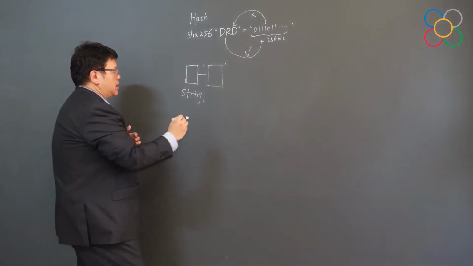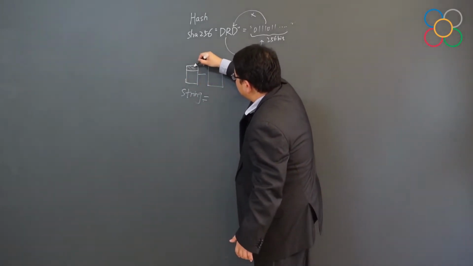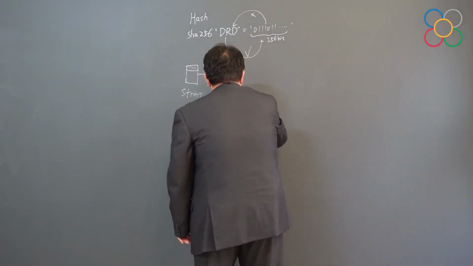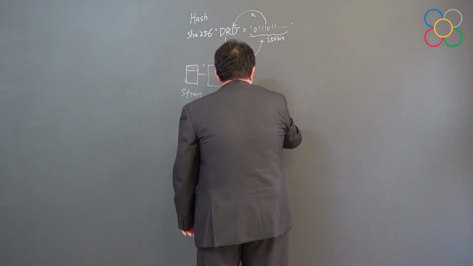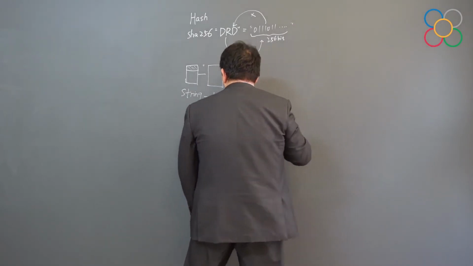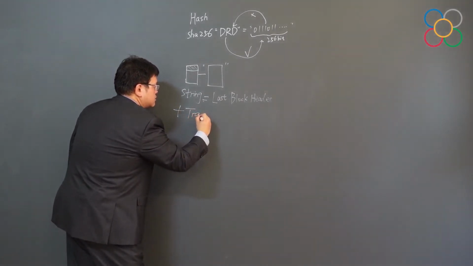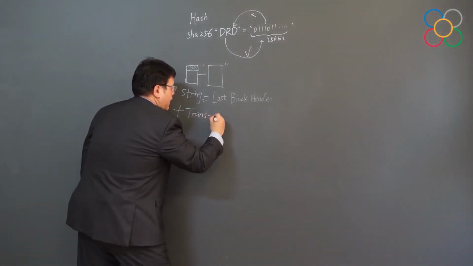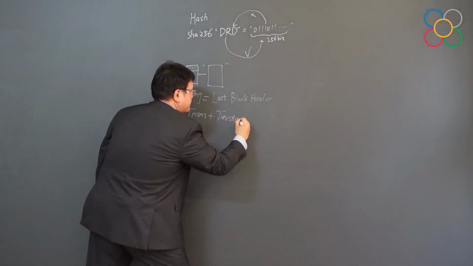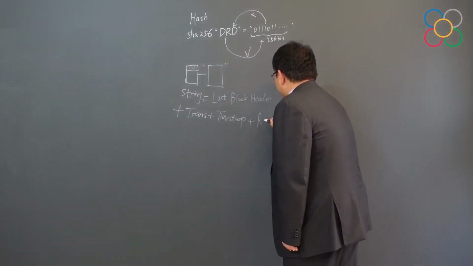This string equals the last block header plus each miner's transactions plus timestamp plus a random number.